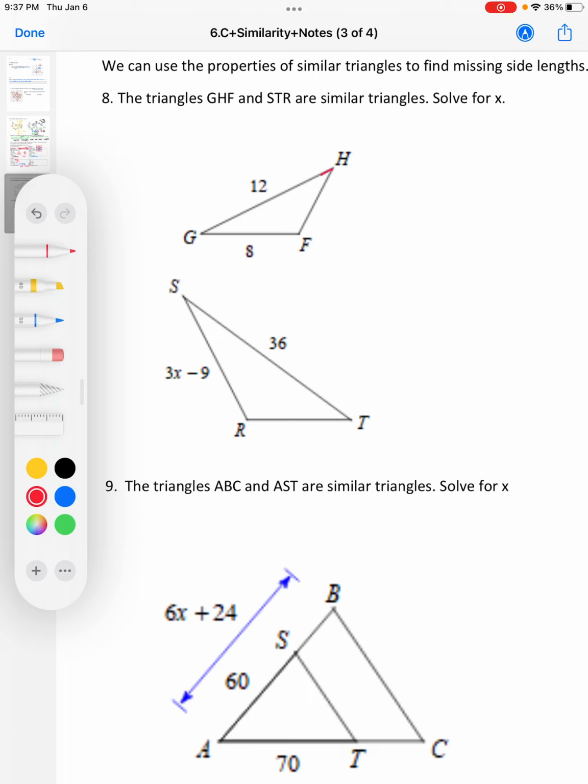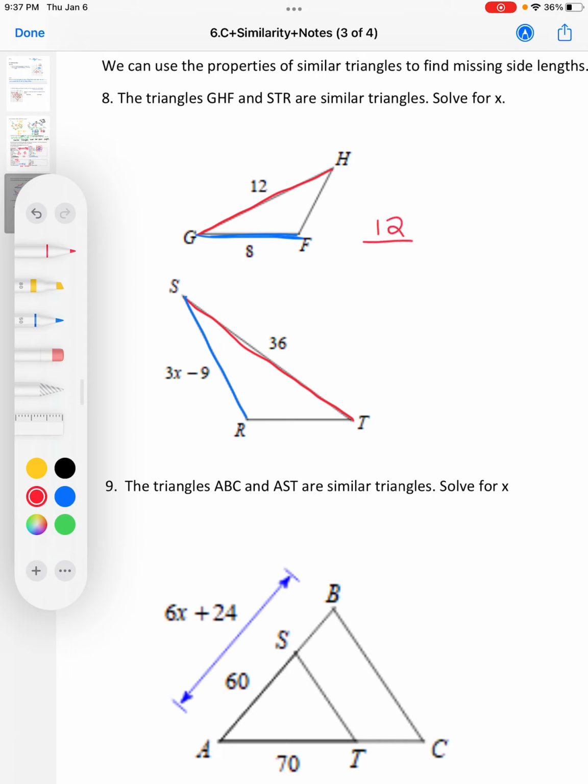So we took this side length 12, we multiplied it by a certain number and got 36. They match up. We would take side length 8, multiply it by that same factor, and would get whatever value this is, okay? So, let me just write the ratios.